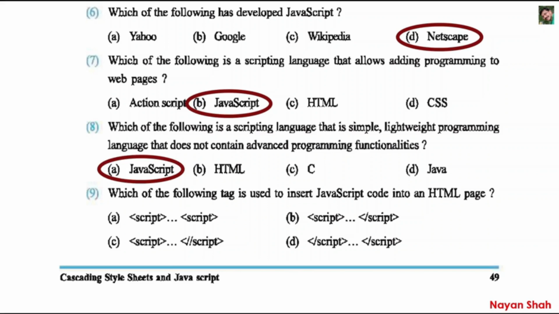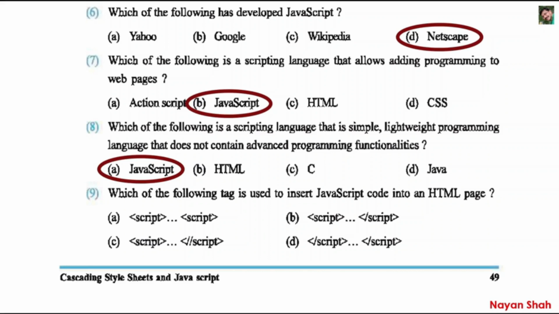It is a simple markup language, whereas C and Java are high-level programming languages containing advanced programming styles. But JavaScript is a scripting language which is simple and lightweight programming language, and it does not contain any advanced programming functionalities.